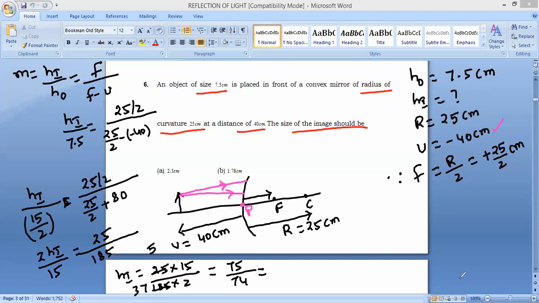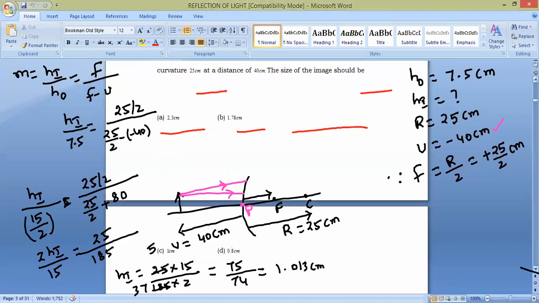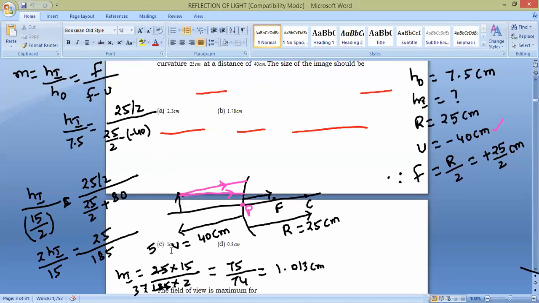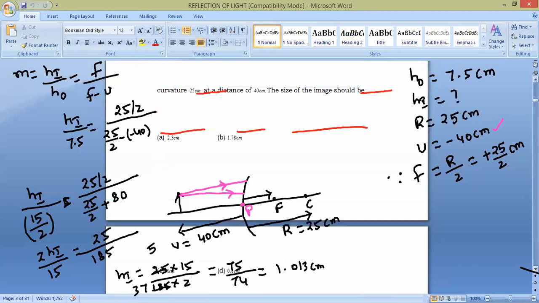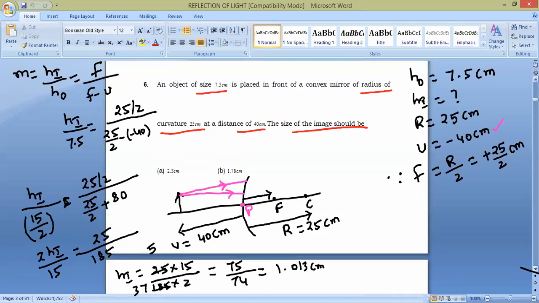Approximately 1.1. 75 divided by 74 is 1.013. So 1.01 centimeters. Approximately it is 1 centimeter.